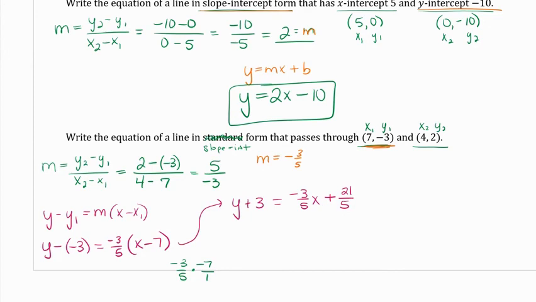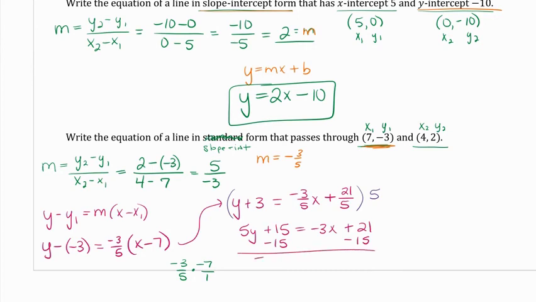Now, if you don't want to deal with the fractions here, remember you know how to get rid of those, right? So if I wanted to, I could multiply everything here by 5 to get rid of the fractions, if you'd rather do that. So then I get 5y plus 15 equals negative 3x plus 21. And hey, now I don't have to mess with the fractions. I want to get y by itself, so I'm going to subtract 15 over to this side.